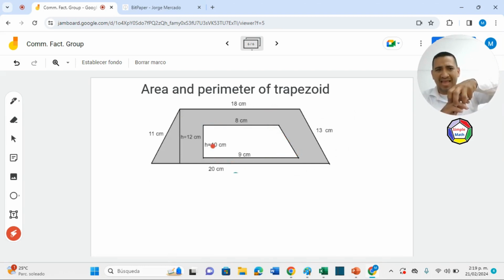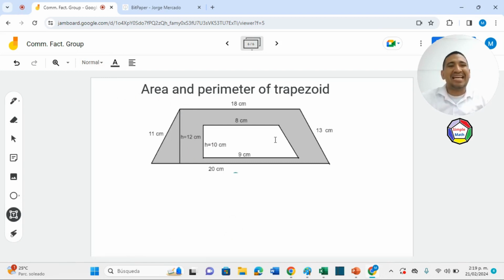You cut that piece and you take it out. Once you take it out, what you have after that is what we call in geometry shaded area. So the instruction of this exercise is to get the shaded area.